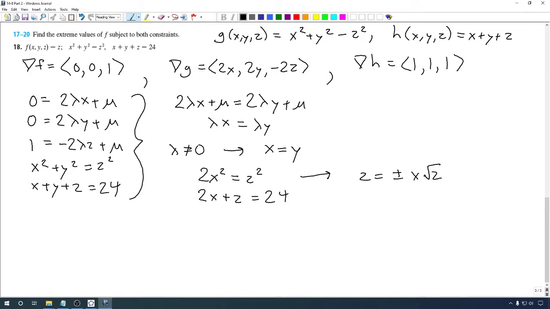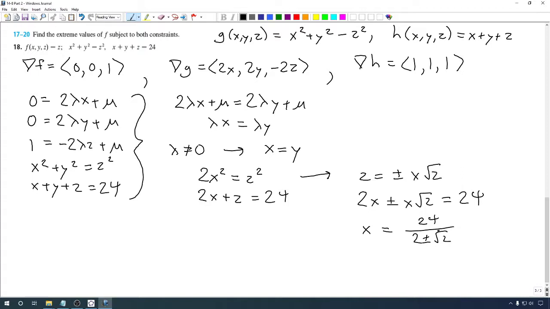I just square root everything, but I have to deal with that plus or minus. We can go ahead and plug that into here. So 2x plus or minus x times square root 2 is equal to 24. Or in other words, if we divide 24 by 2 plus or minus square root 2, we have our values for x.